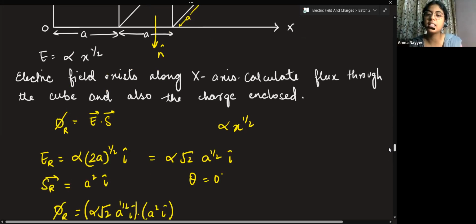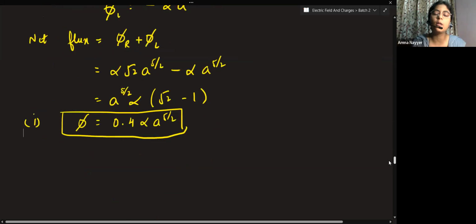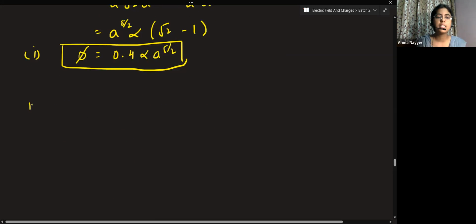The question has asked you to calculate the charge enclosed. So you know the flux. If you know the flux, then you can easily calculate the charge enclosed. According to Gauss theorem, which we did in the last class, phi is what? Flux is Q, the charge enclosed, divided by epsilon naught. So what is the charge enclosed?